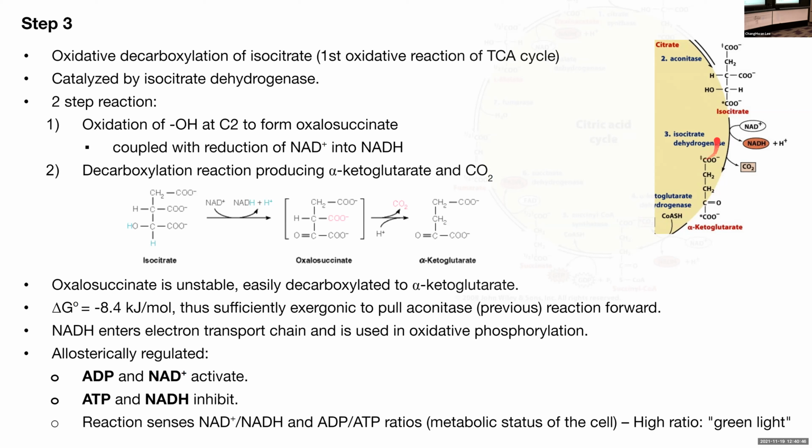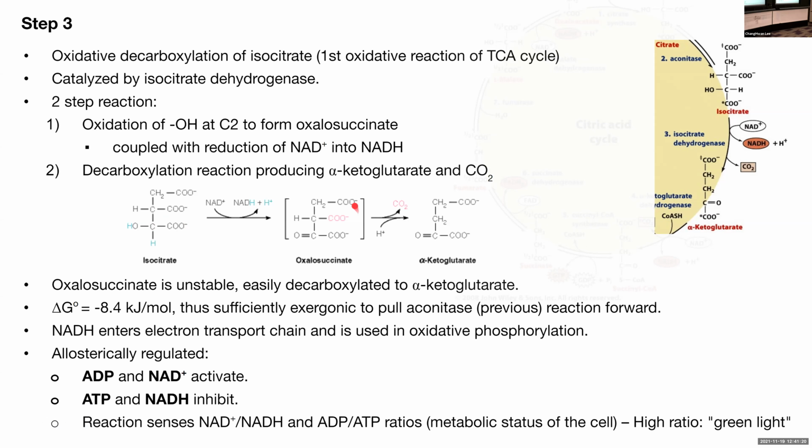You can see it here. And that's, again, a 2-step reaction where the first step is the oxidation of the hydroxyl group at C2 of this isocitrate to make an intermediate called oxalosuccinate. And the reduction of NAD plus is coupled to this to take over the electrons from this isocitrate.